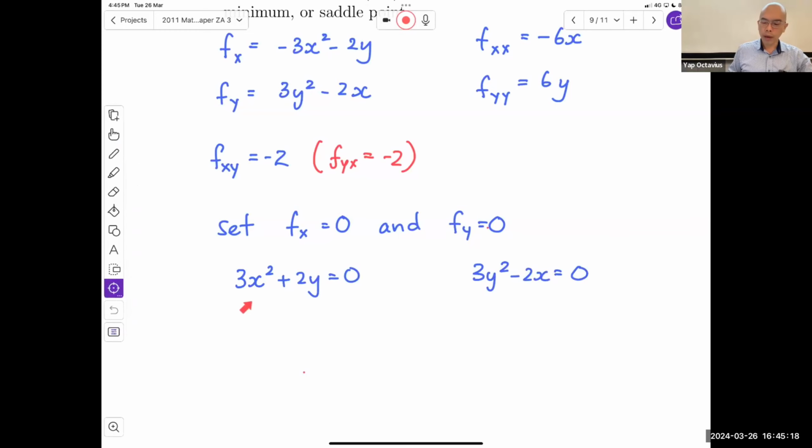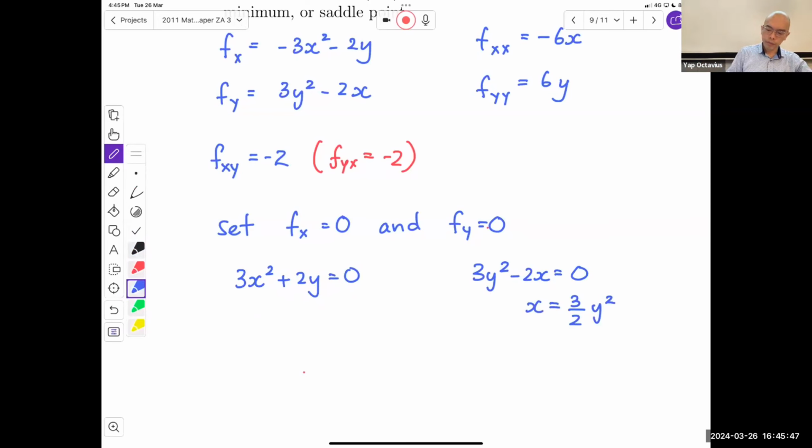So you have these two, right? You notice that one of them has a y. You can make y the subject or make x the subject. Try not to handle the square and the cube, the unfriendly ones. The one that has only power 1 is better. So I'm going to work from here. So I'm going to have x equals 3 over 2 y squared.